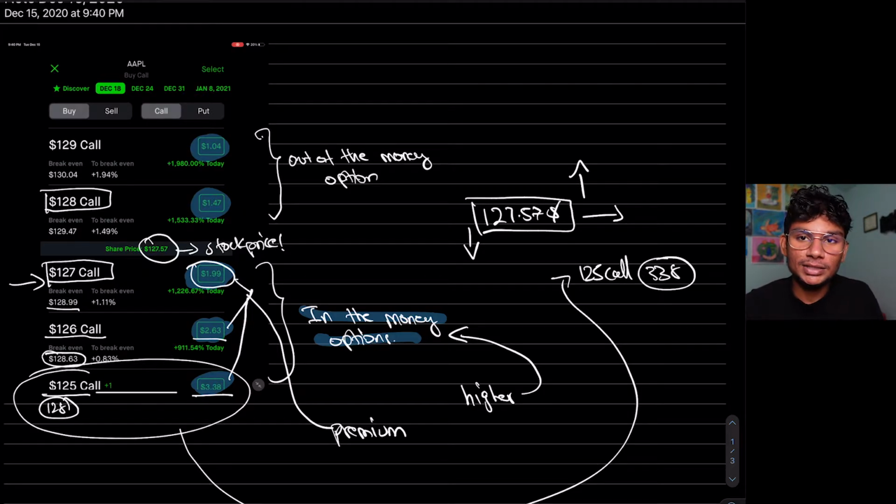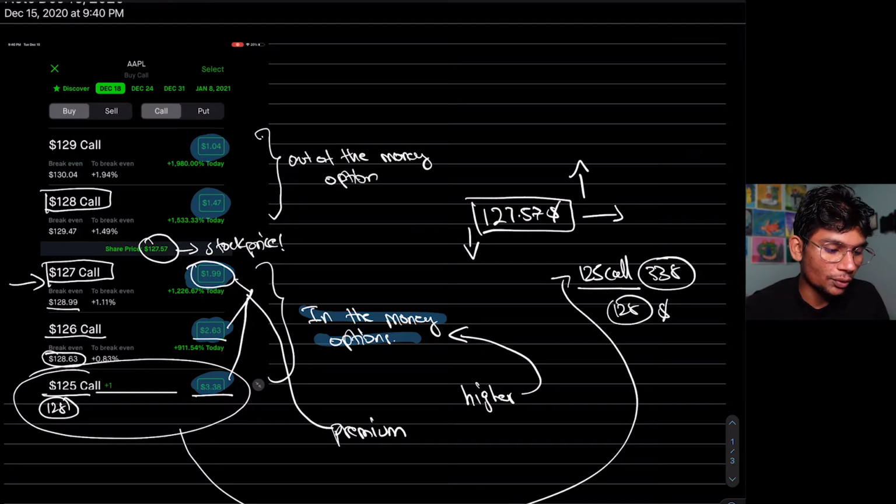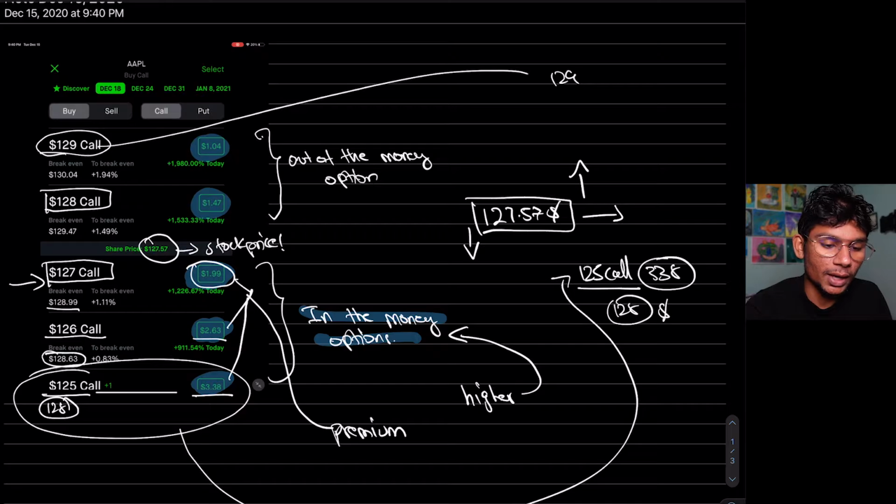Now, is it easier for me to get to $128 for this stock with the $125 call option, or with, let's just say, this one right here? I bought another, out of the money call option for $129, and I only paid $104 for it, but the break-even point is $130.